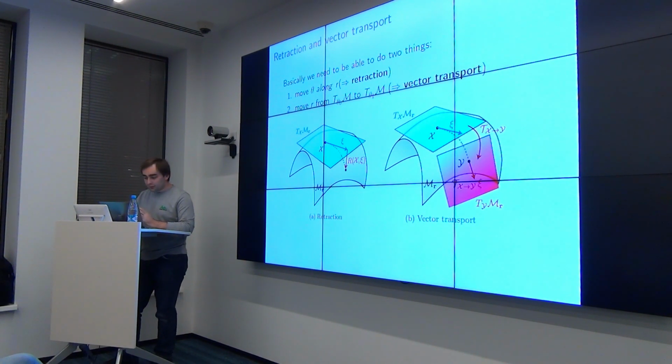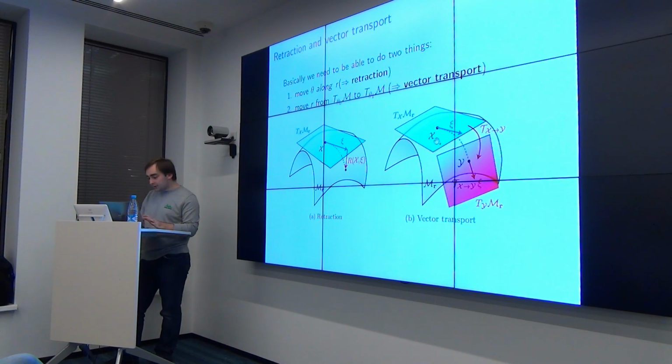One is called retraction. It takes the point x on the manifold and some tangent vector psi. You stand at the point x, look in the direction psi, and move forward along some curve, and where you end up is the point which retraction gives.